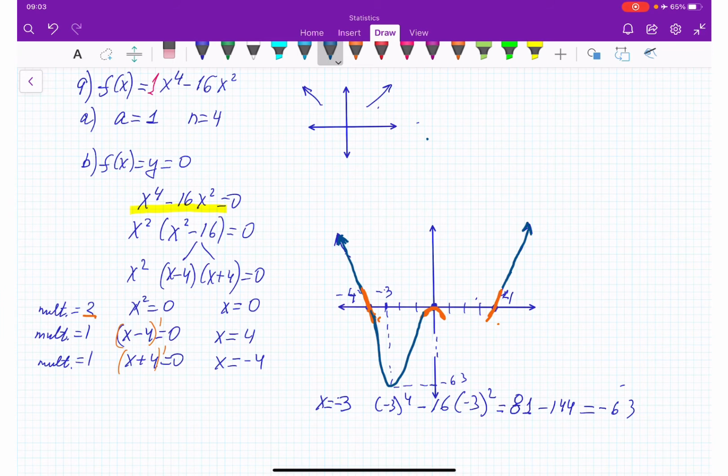And accordingly, if I take positive 3, it's going to give the same number because my degrees are even here, yes? So it's not going to change the sign. I'm going to get the same negative 63. So here is 1, 2, 3. It's going to come down precisely this way, I would think.